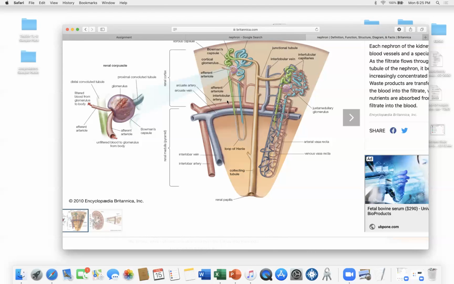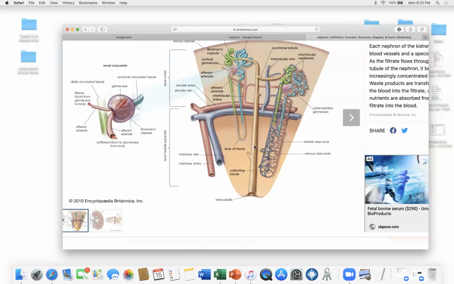And that's the main function of this loop of Henle. So you have a proximal convoluted tubule, a loop of Henle, a distal convoluted tubule, and then you have a collecting duct, and then the collecting duct ends up in the renal pyramids.